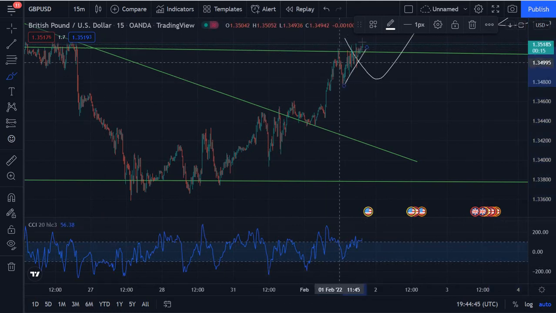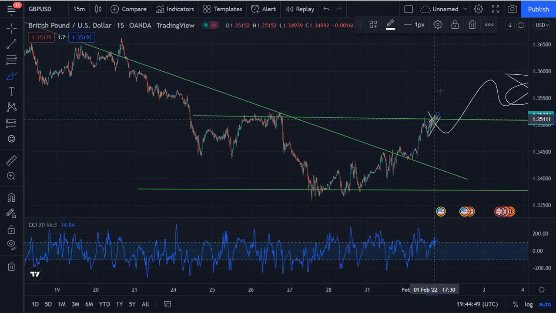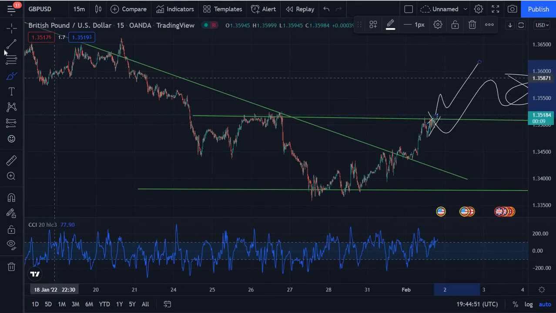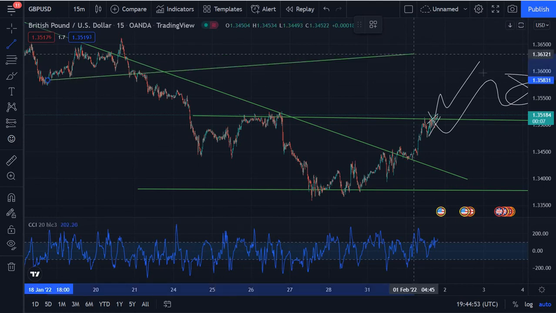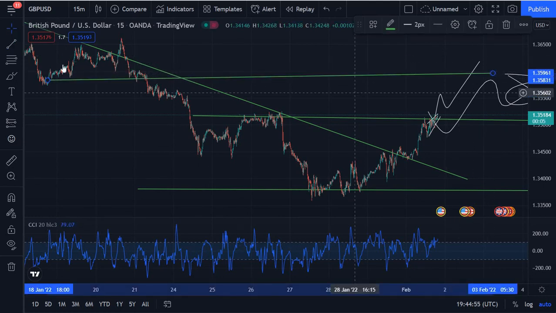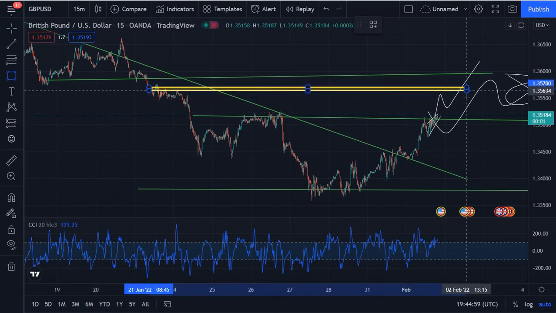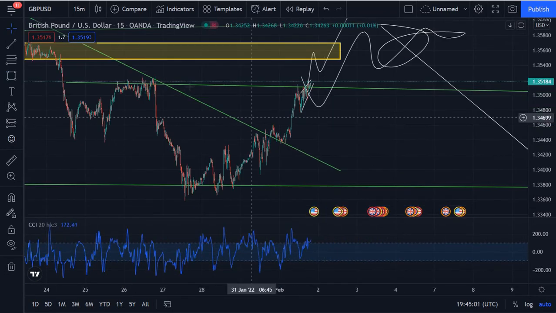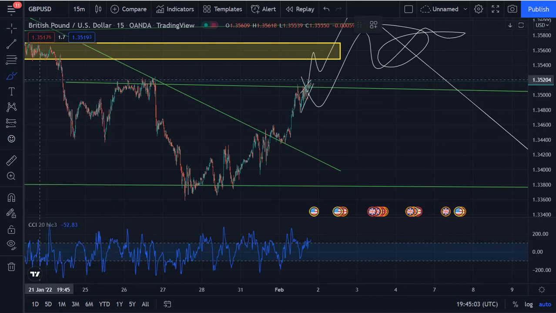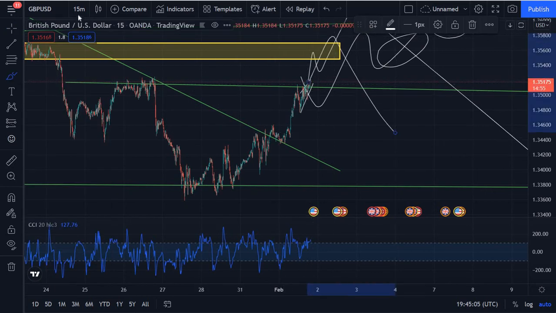Here a bit of a bullish triangle, which often leads to a push to the upside, so once we break here we could still go a little bit higher, maybe to around here. Here is also another resistance zone that we could enter before going all the way down.